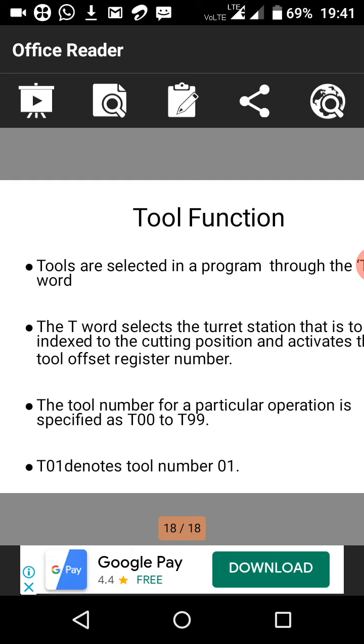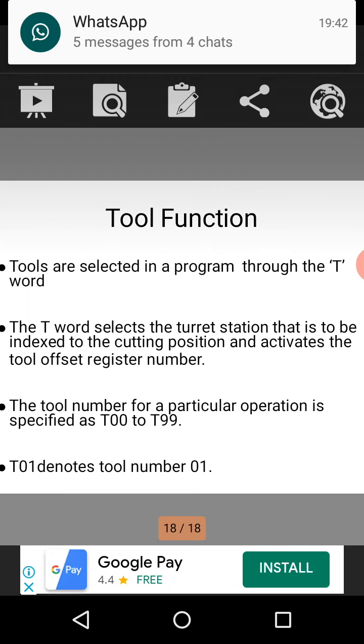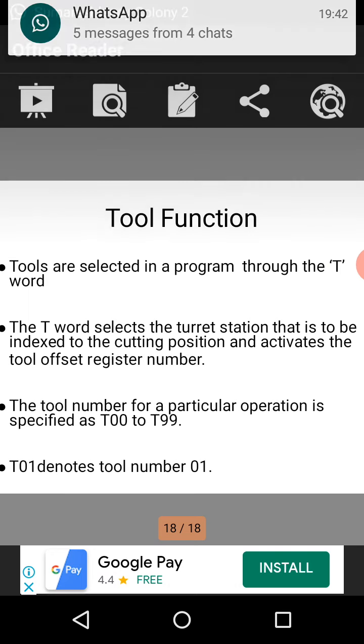So today for tool function, these are the tool functions. The tool functions are from T01, T02 to T99. So T01 means tool 1, T02 means tool 2, like that it will have.